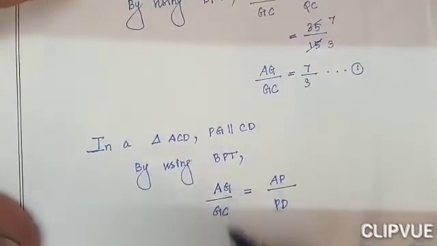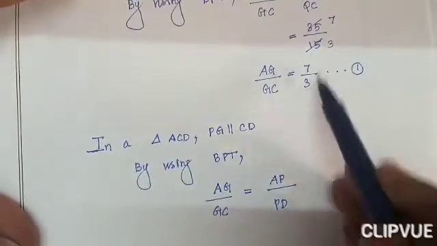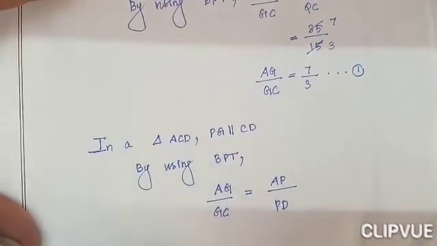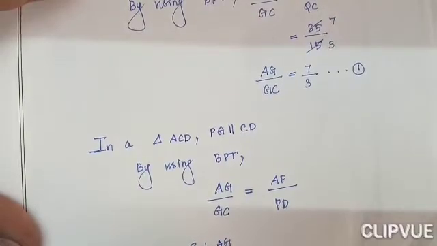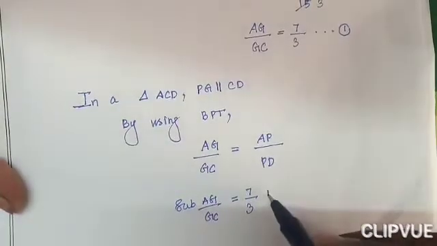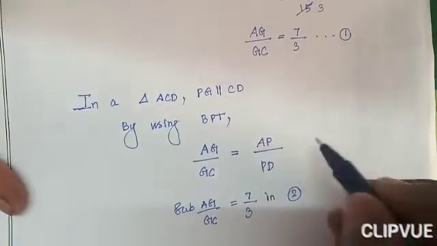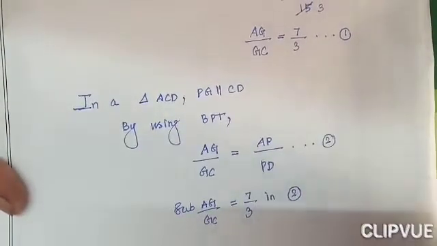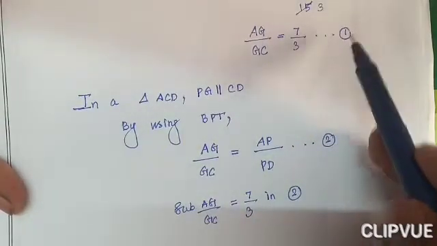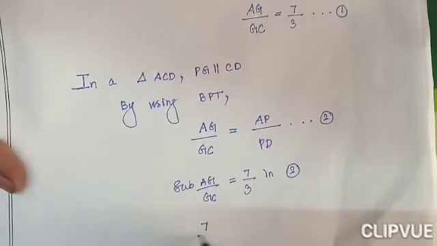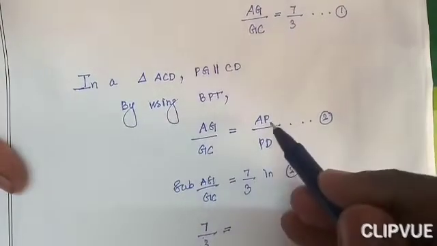You know AG by GC value, AG by GC equal to 7 by 3. So substitute AG by GC equal to 7 by 3 in 2. You consider this as 2. Okay, so AG by GC equal to 7 by 3, that is 1. Substitute here. If you substitute here, 7 by 3 is equal to, what is AP?